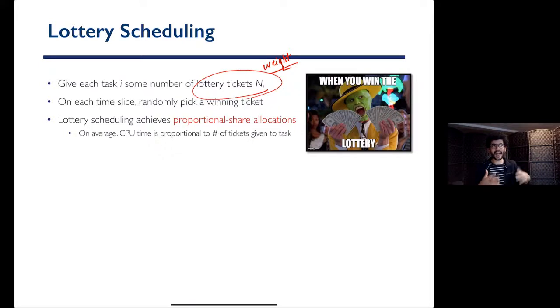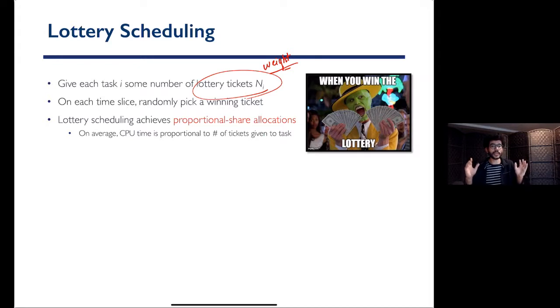So I will get half of the time on CPU. Now, if somebody else has only 1 lottery ticket, they're going to get, on average, 1 win every 10 lotteries. So they're going to get 1 time quantum on the CPU. I'm going to get 5 time quanta on the CPU on average.